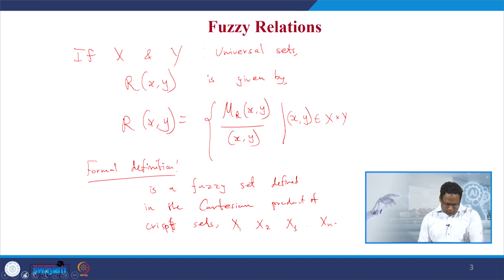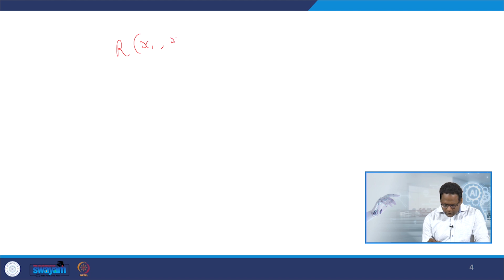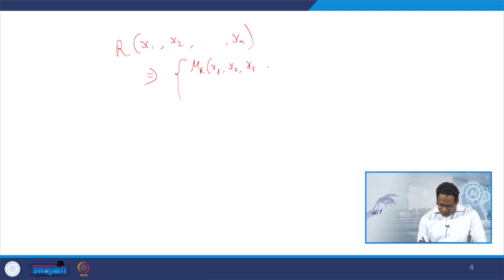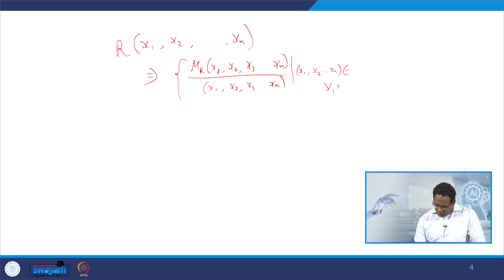Now the fuzzy relation R of x1 comma x2 comma up to xn is given by a formal expression mu R of x1 comma x2 comma x3 up to xn upon x1 comma x2 comma x3 up to xn, such that x1 comma x2 up to xn belongs to the product of x1, x2 up to xn.